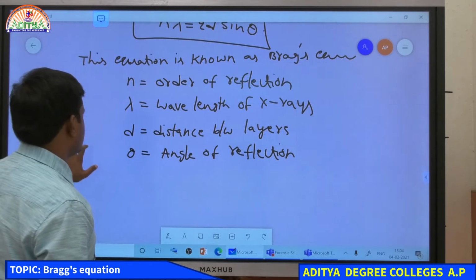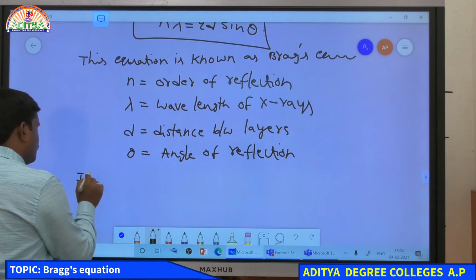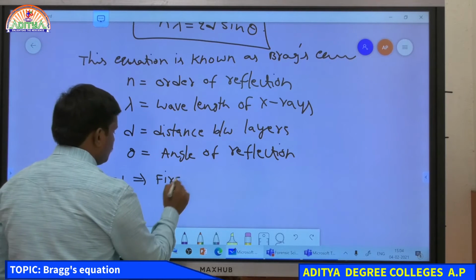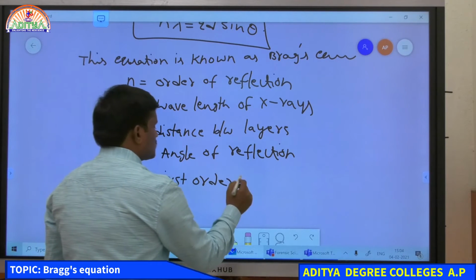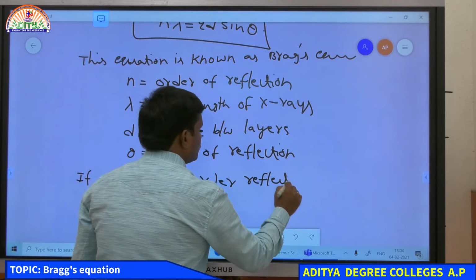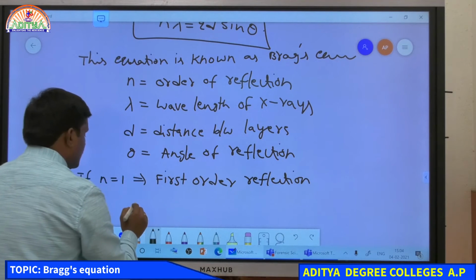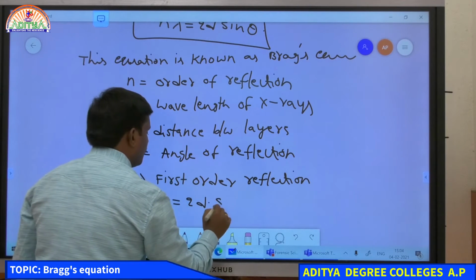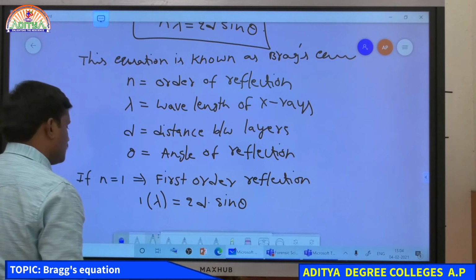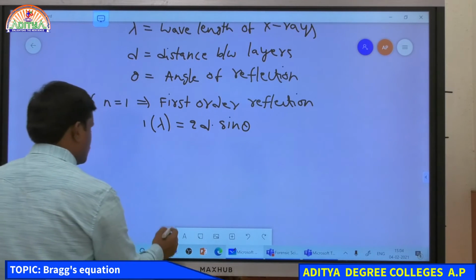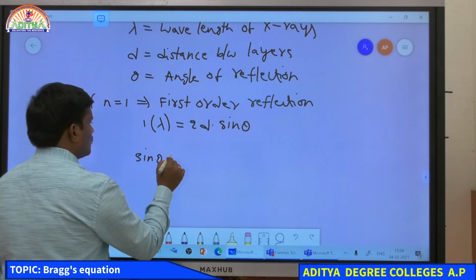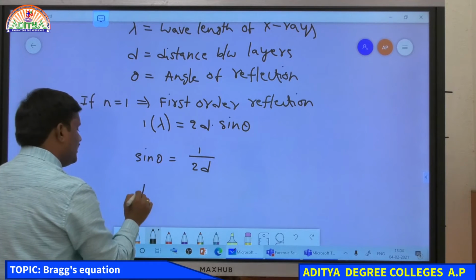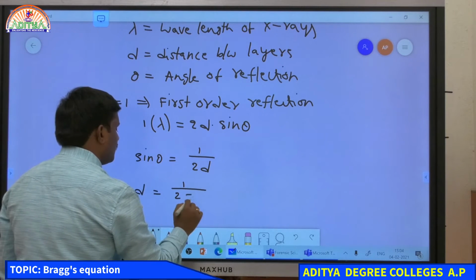If it is a first order reflection, that is n is equal to 1, then 1 into lambda is equal to 2 into d into sin theta. Therefore, from this equation sin theta is equal to 1 by 2d, or simply d is equal to 1 by 2 sin theta.